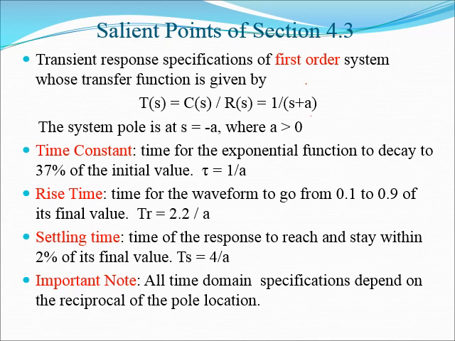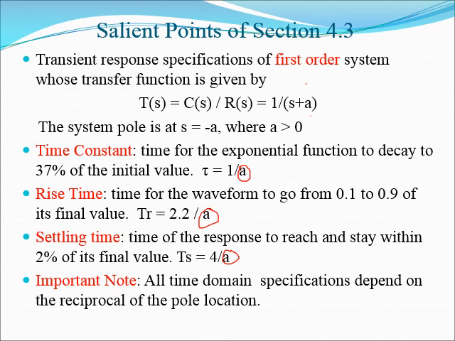Important note is that all these 3 parameters for the first order system, the time constant, the rise time, the settling time, are inversely proportional to the pole location. So if the pole is close to the imaginary axis, let's say it is 0, all of them go to infinity.